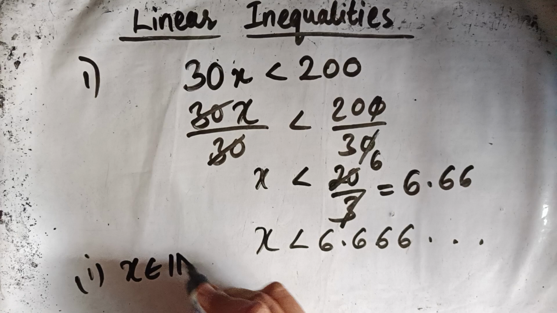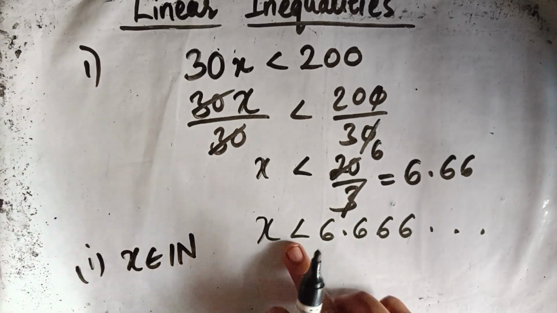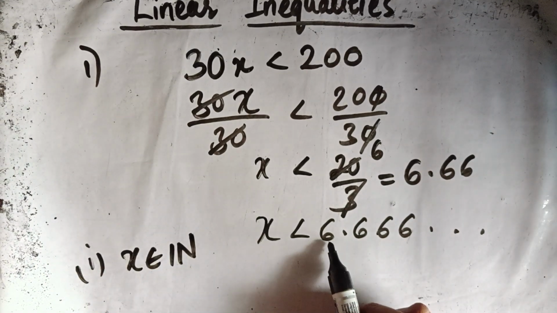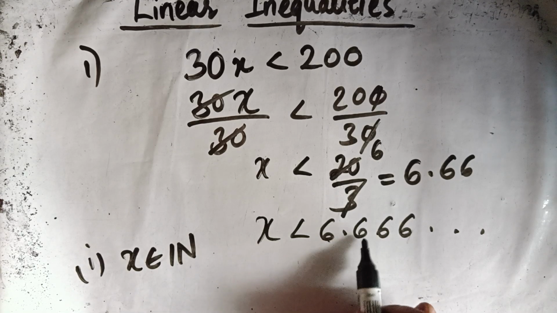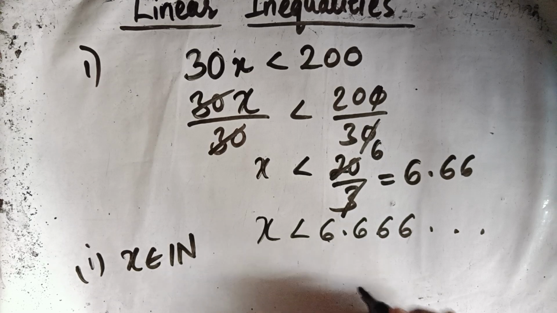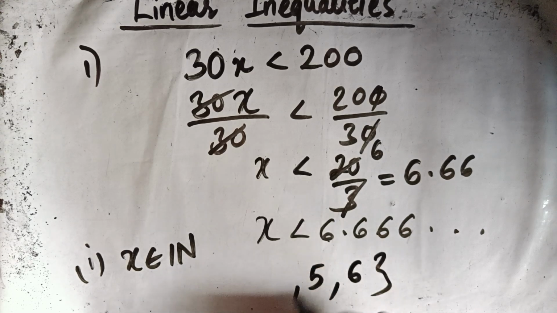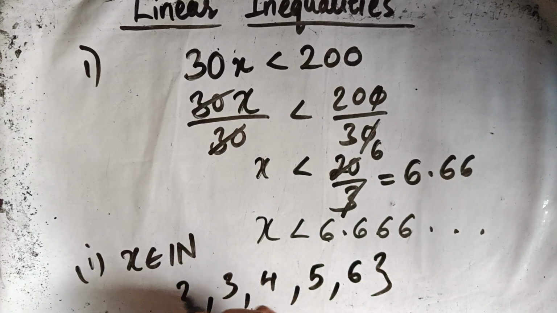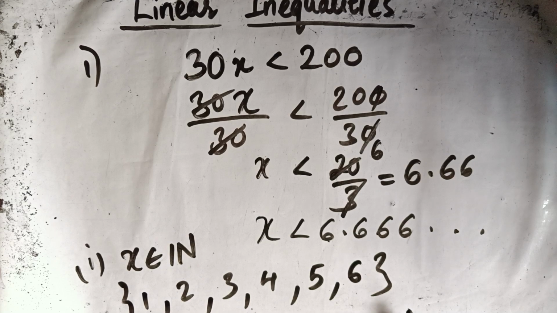X belongs to the set of natural numbers, so x will take values less than 6.66. So 6 is included. Then 5, 4, 3, 2, 1. This is the solution set.